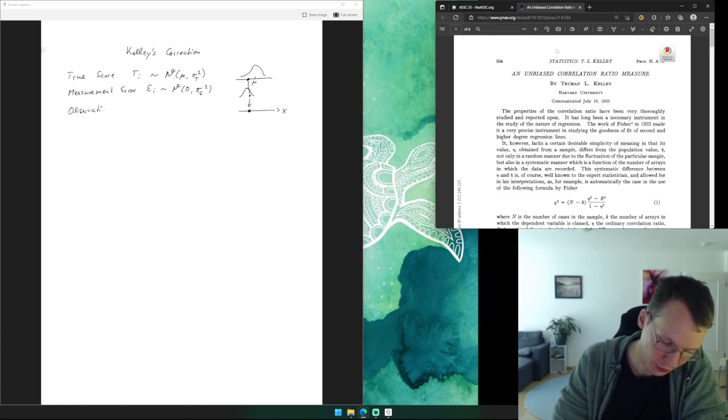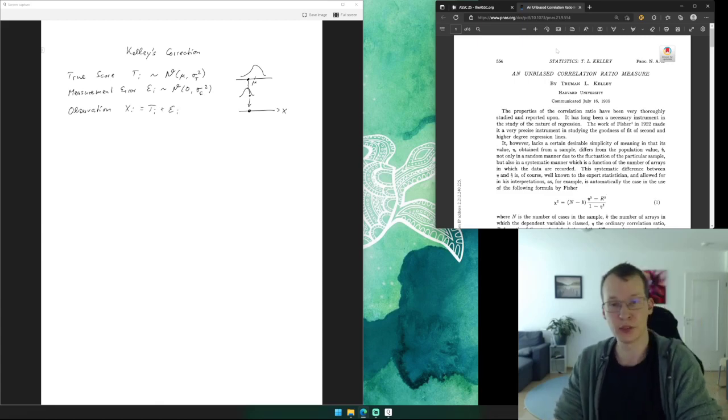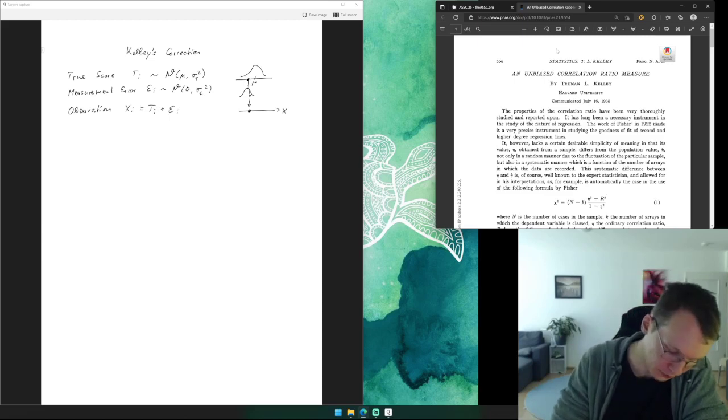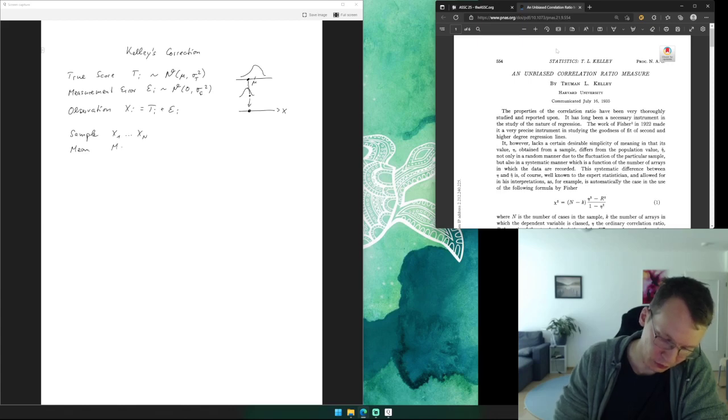Observation x_i is just the sum of these two things, the true value plus whatever we over or underestimate this participant. And now we take a sample of multiple participants, x_1 to x_n, and we compute the sample mean, denote this by m, as 1 over n times the sum of x_i.